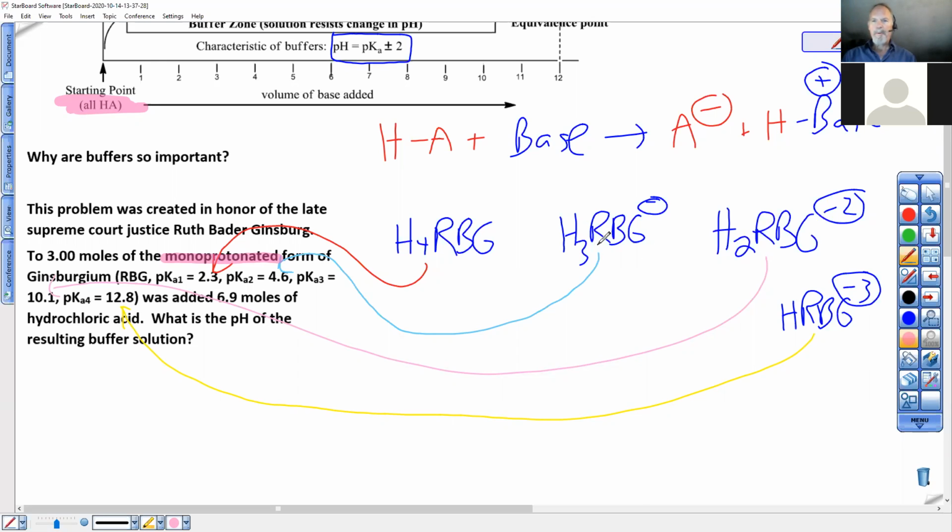And some of you will be fully protonated. Okay, if I gave you 4 pKa's, the fully protonated is right there. It's very important to know where you're starting in this problem. So we're not starting with anything except for this species here that has 1 proton, HRBG -3.